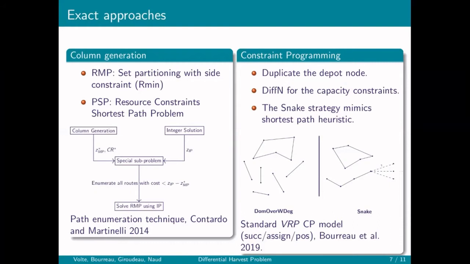We solve the column generation optimally, and to obtain an optimal integer solution, usually you would also do branch and price, but here we choose to solve a special subproblem which will enumerate all routes with a cost given by an integer solution and the optimal solution of the column generation, which can be non-integer.